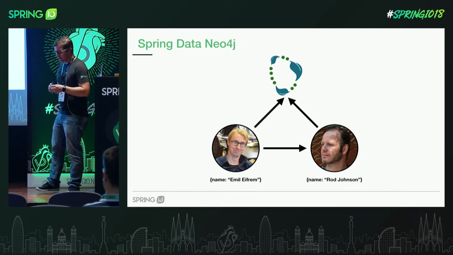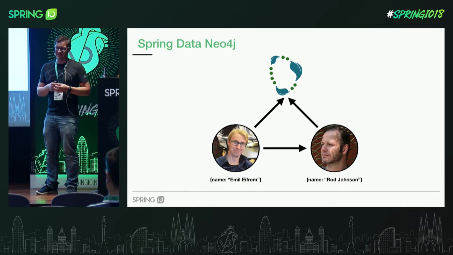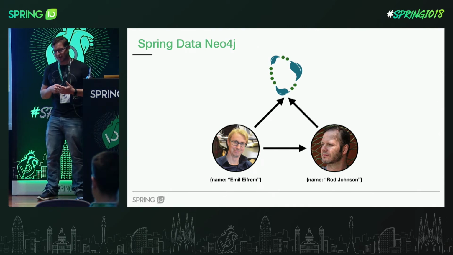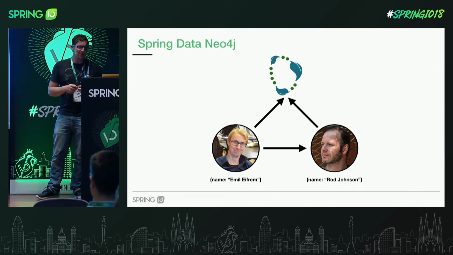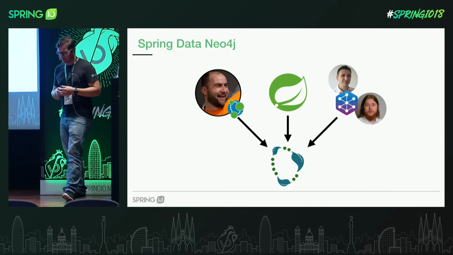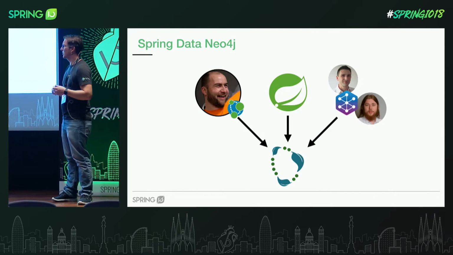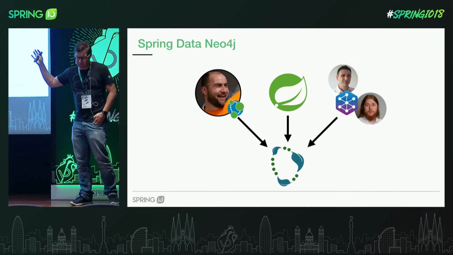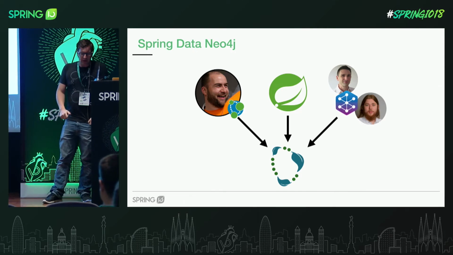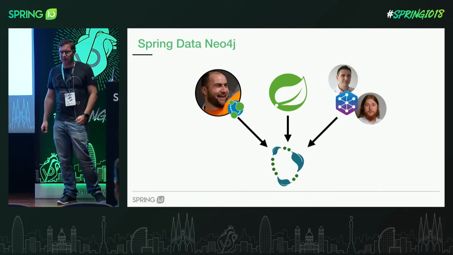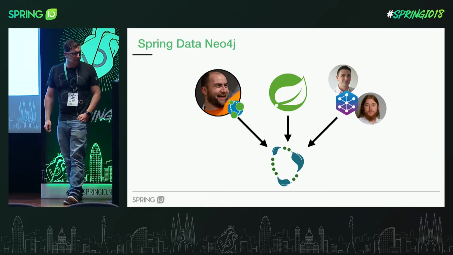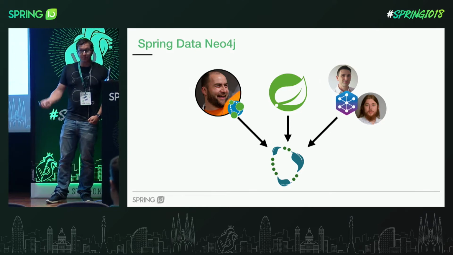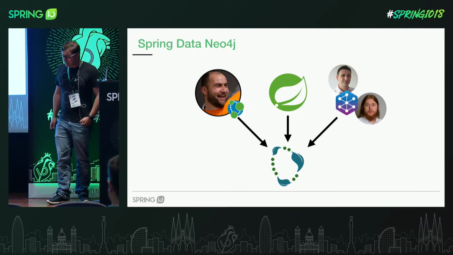But yeah, Emil, as a co-founder, has something more important to do, he tells us, than developing Spring Data Neo4j. So over time, there were several people involved in Spring Data Neo4j. Michael Hunger, who was in the dev rel team at Neo4j, took over the project lead, and we got plenty of help from the Spring Data team, or from Pivotal, or SpringSource back in the day.